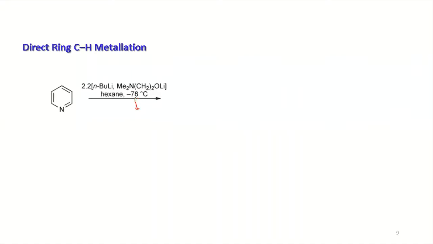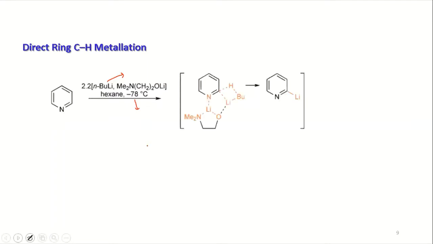The alkyl lithium is going to behave as the base, okay, rather than as the nucleophile. So it will behave as the base. So what is happening here? Now you have some special ligand which will coordinate with the lithium. Okay, first the lithium will coordinate with the nitrogen, bringing the reagent butyl lithium to the vicinity of this alpha position.